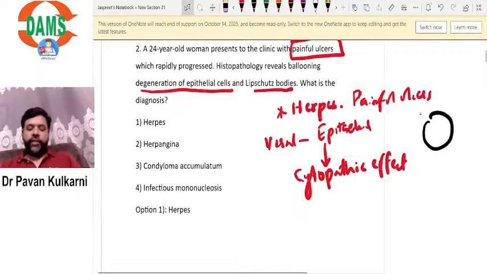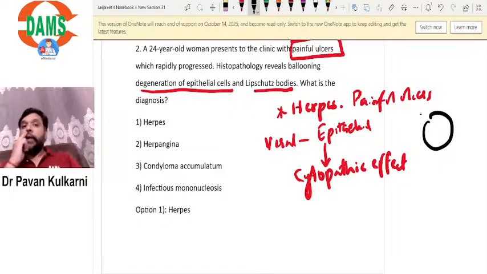What are Lipschutz bodies? Lipschutz bodies are intranuclear inclusion bodies. Inclusion bodies are virus material or virus particles which multiply within the host cell. Here in herpes we see an inclusion body called Lipschutz bodies.